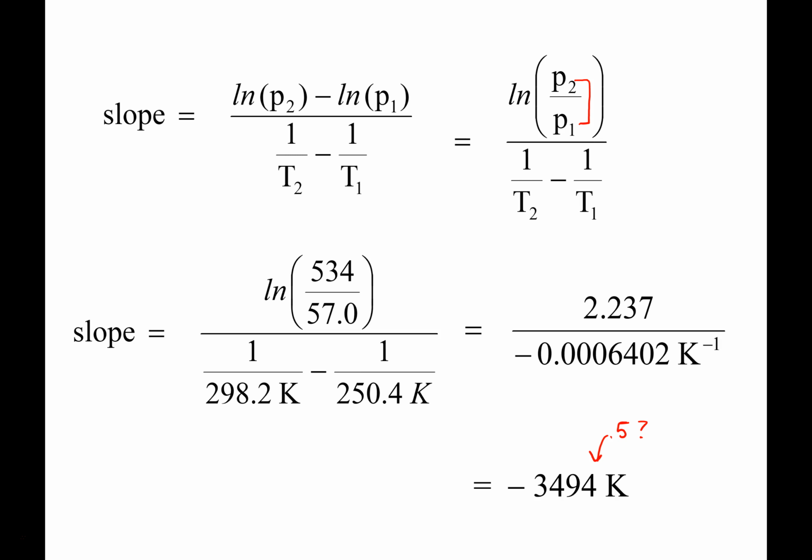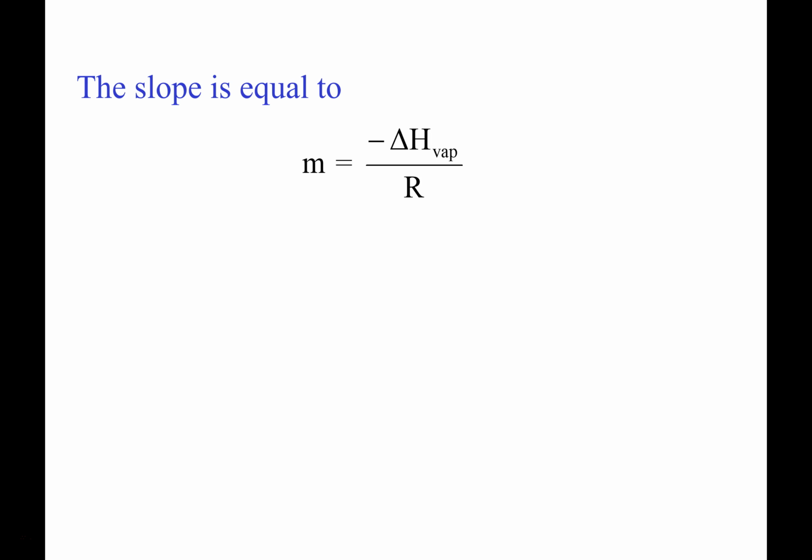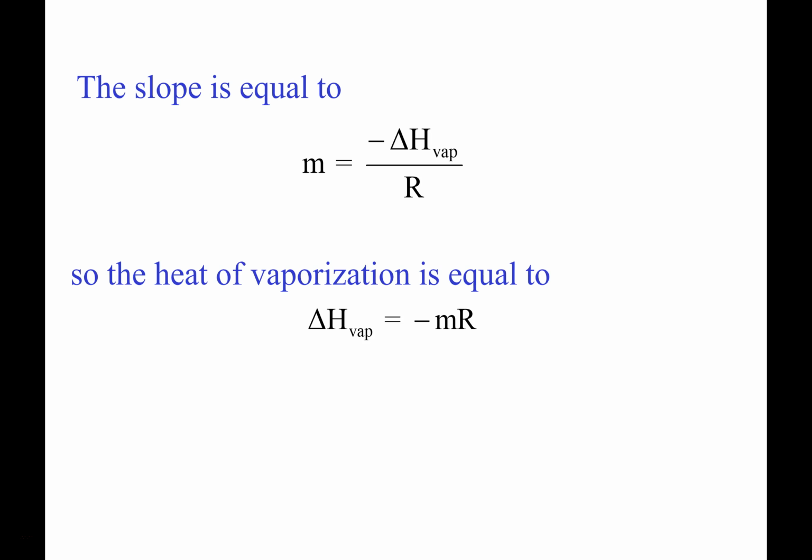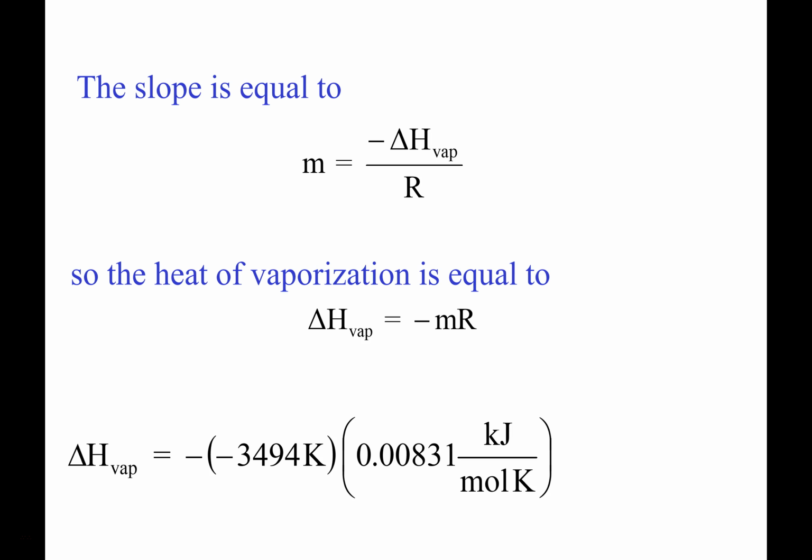So you know what's next is that's equal to M, okay, and we're after heat of vaporization. So the heat of vaporization is equal to negative MR. So we're going to bring our slope, see here I did it right.